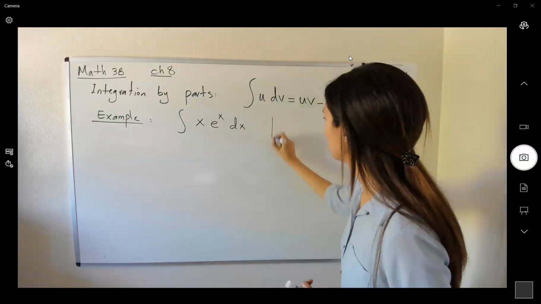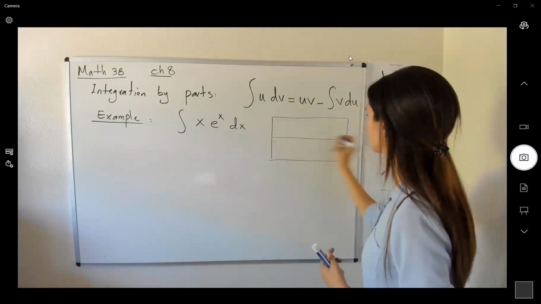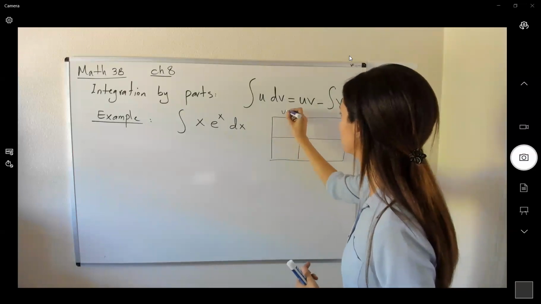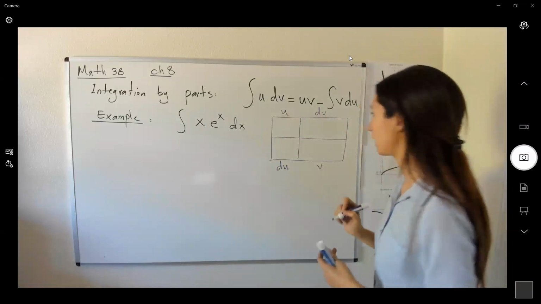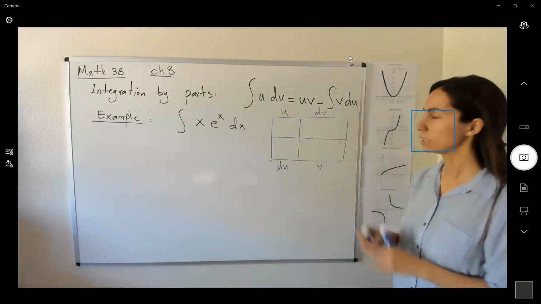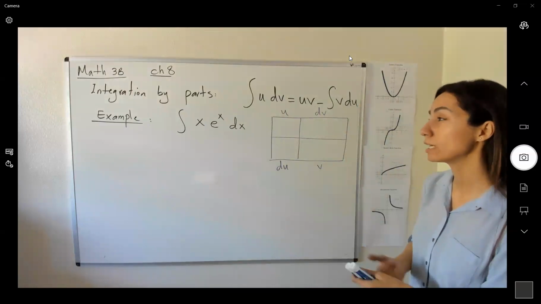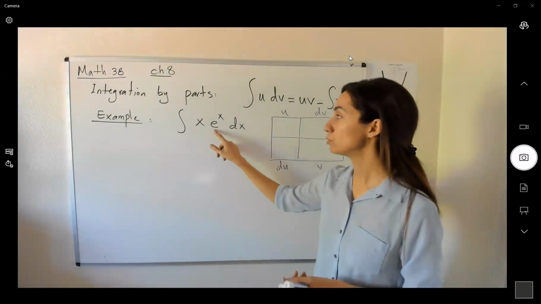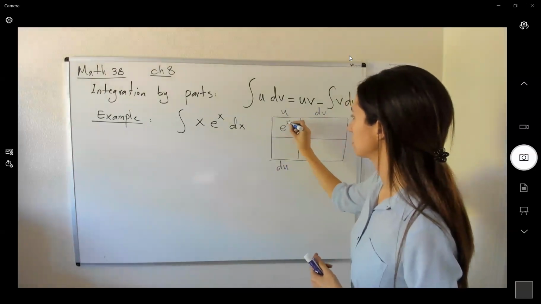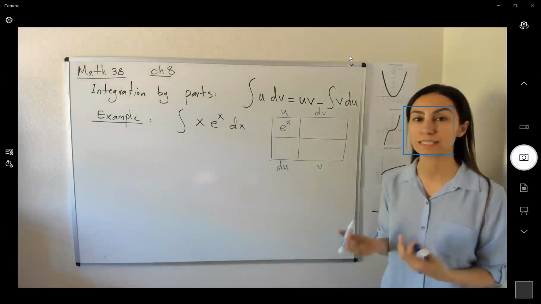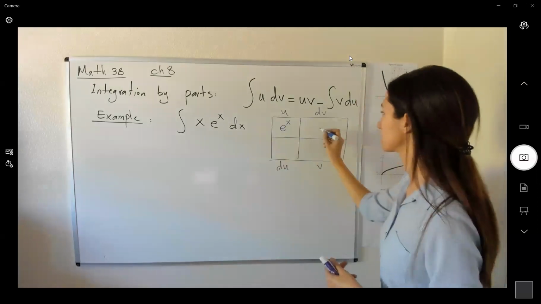So let's form a little table here: u, dv, du, and v. Okay, let me try. Let my u be e to the x, and my dv is x dx.